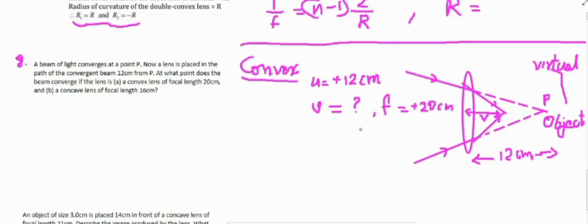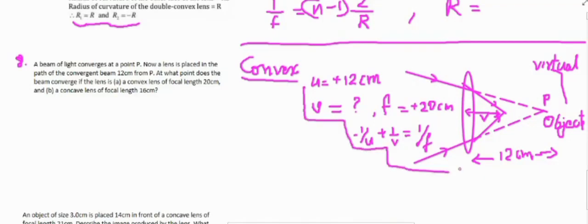So use the lens formula: minus 1 by u plus 1 by v is equal to 1 by f. You will get the answer. So remember in this question, u is positive, converging beam, virtual object, all these points you have to note in this question particularly.